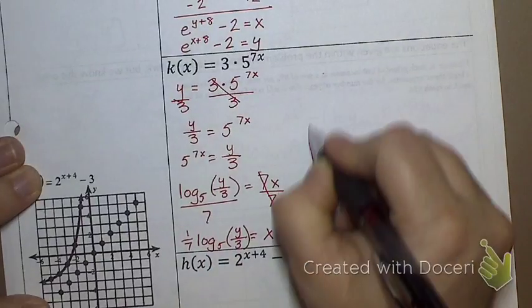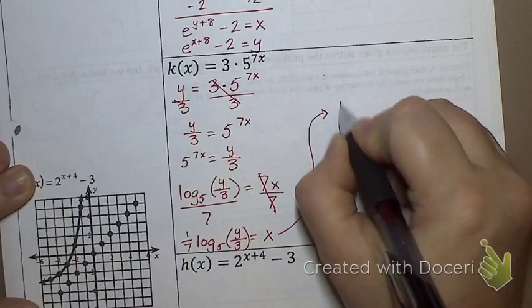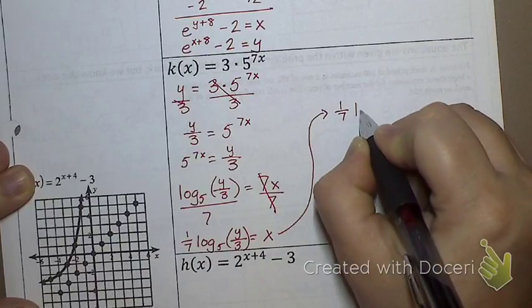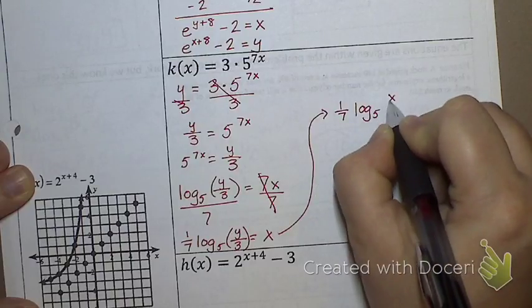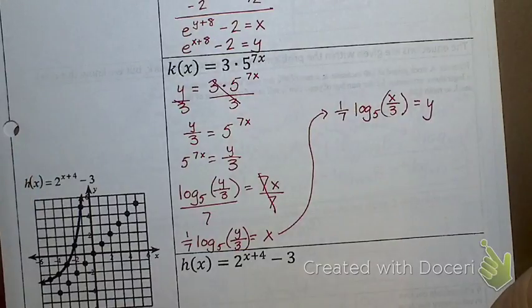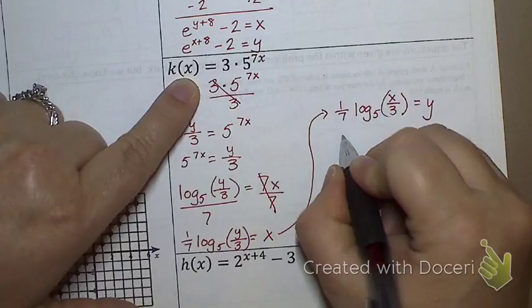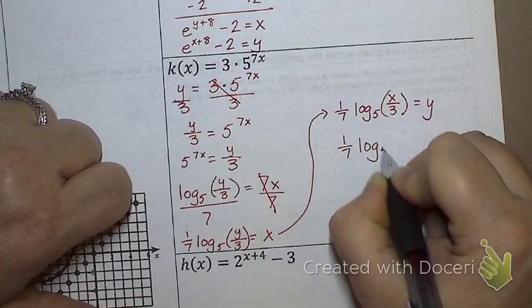All right, I got x by itself, so now I got to go to step 3, which is what? Change your y's to x's and x's to y's. So that gives me 1/7 log base 5 of x over 3 equals y. And the last step, change the y to the inverse notation. Now this one was k of x, so what's my inverse notation going to look like?